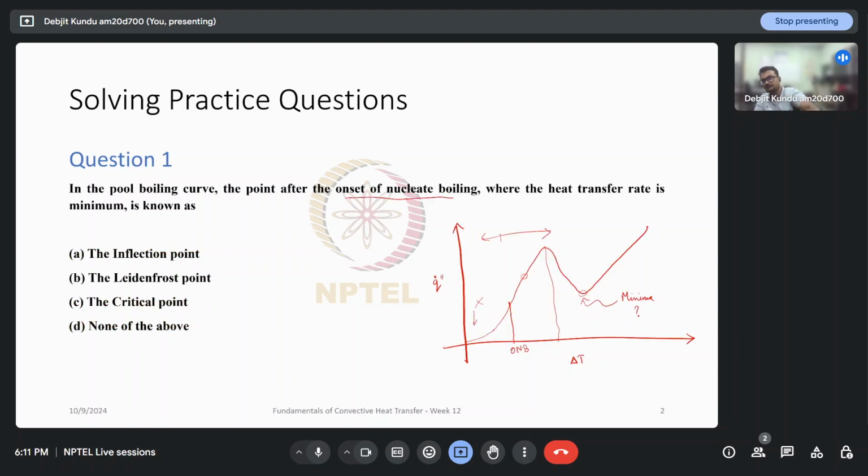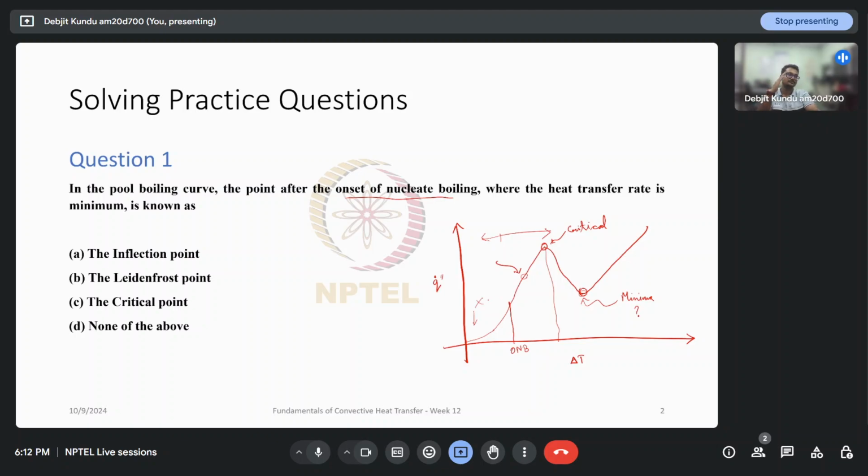So I'll go back to my curve over here and discuss the other points. This is known as the Leidenfrost point. This here is the critical point. And this point where the curvature of the curve changes, meaning the slope before this point was increasing and after this point starts decreasing, the slope is anyway positive.